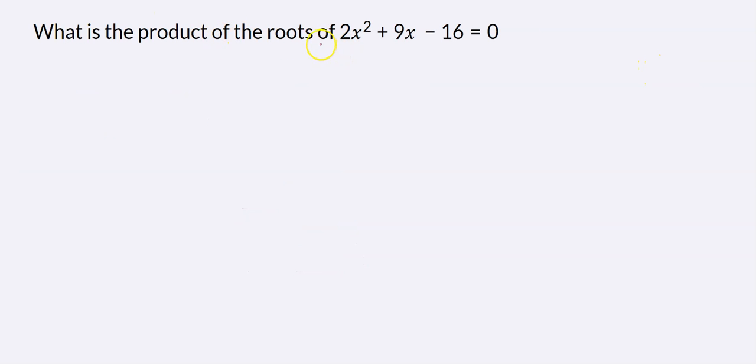What is the product of the roots of 2x squared plus 9x minus 16? I like to make this a habit. So I have ax squared plus bx plus c equal to 0. Here, a is equal to 2, b is equal to 9, and c is equal to negative 16.